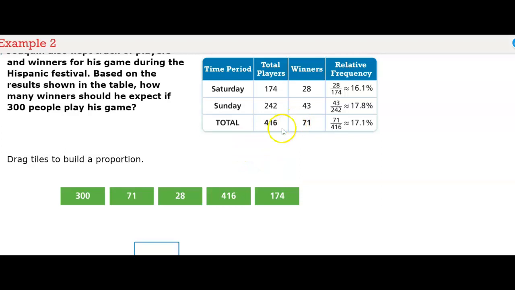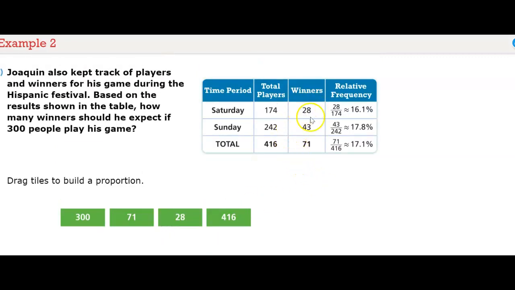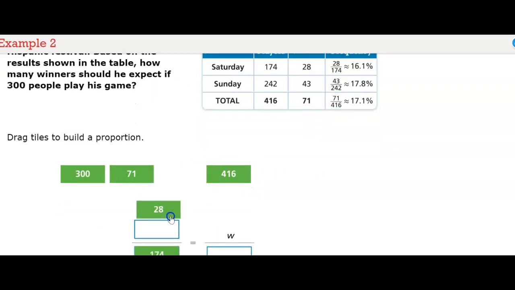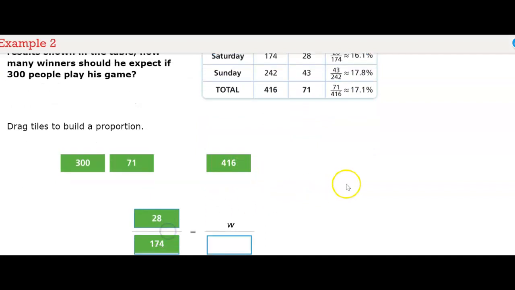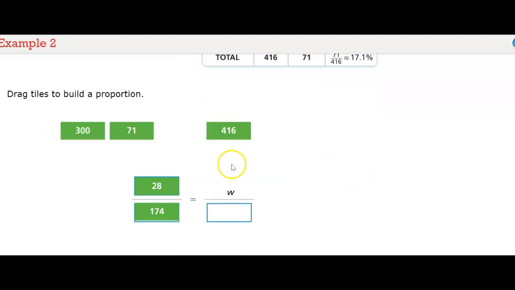One proportion we can have is the total number of players on Saturday and the number of winners on Saturday.